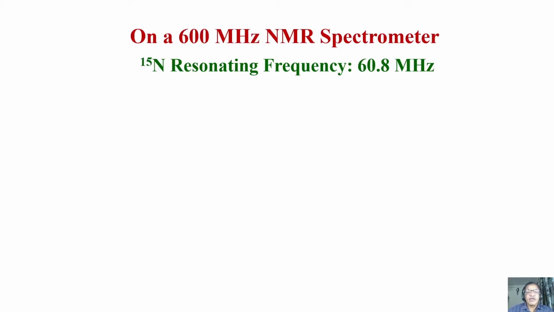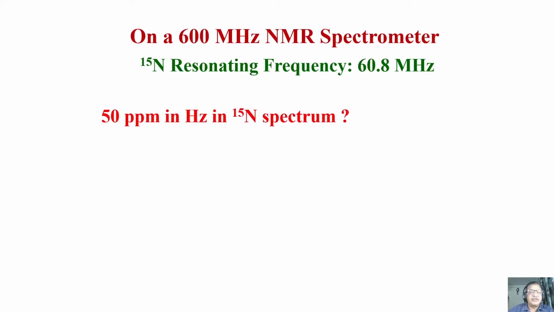Let us say on a 600 MHz NMR spectrometer, 15N is resonating at 60.8 MHz. That is true, right? Gamma of nitrogen-15, as I have been telling you, is nearly 10 times smaller, so its resonating frequency is 60.8 MHz.